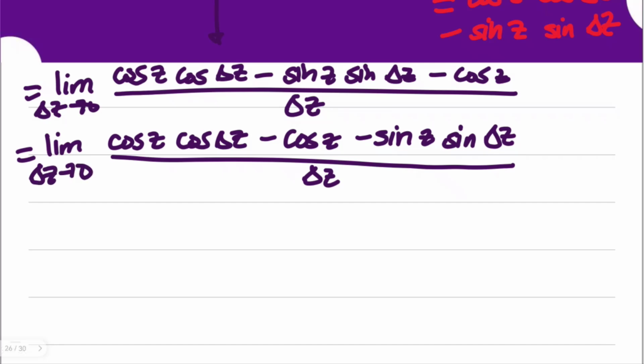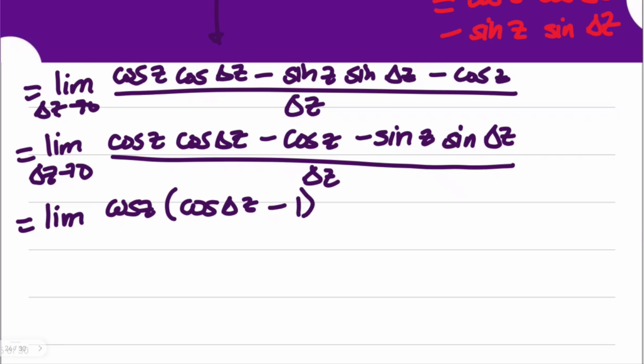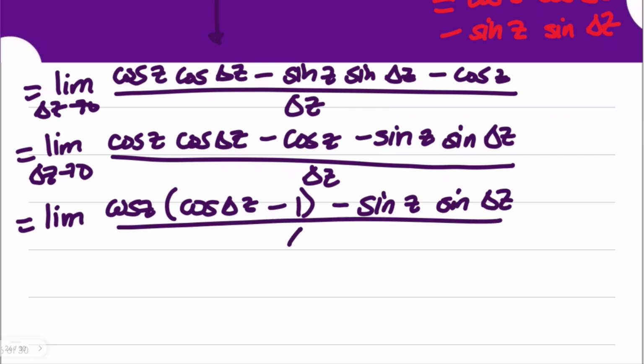Okay, next is to factor the cosine z for the first two terms. Cosine z, okay? When I factor that, what remains of the first term is cosine delta z minus 1. Maybe here minus sine z sine delta z all over delta z as delta z approaches 0. Now, this is one rational expression.